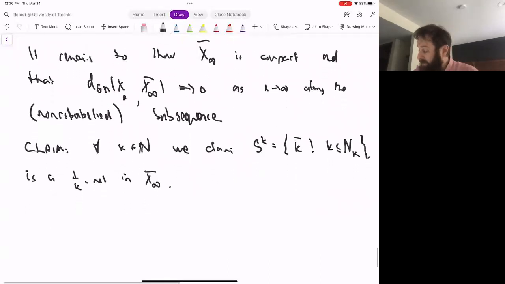And basically by construction, that's true for the finite values of little m or n.